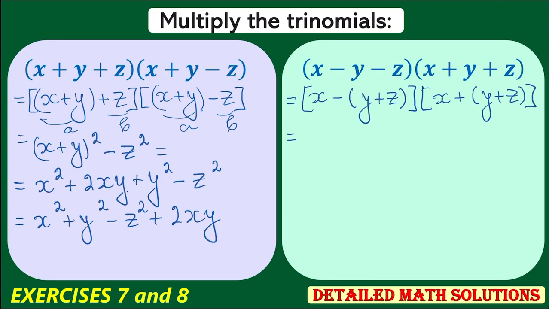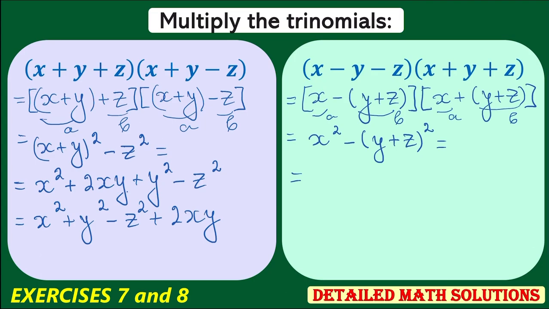This way, I can apply the formula for sum and difference of the same terms. X will correspond to the a in the formula and y plus z will correspond to the b in the formula. And when I apply it, this equals x squared minus y plus z in parentheses squared.